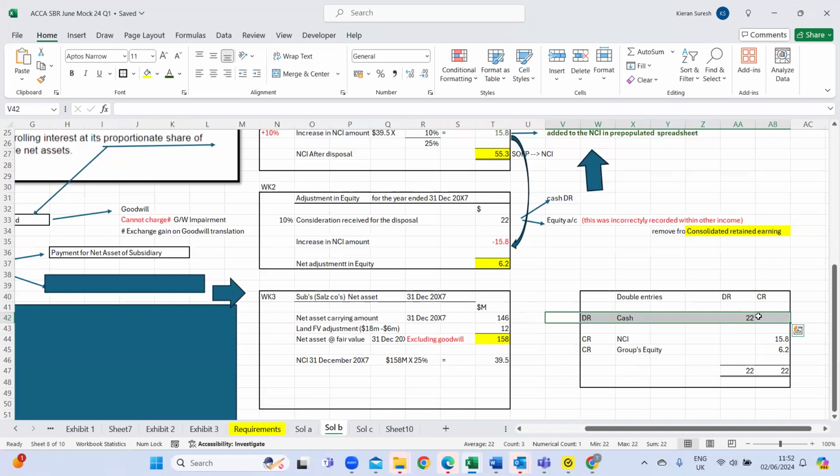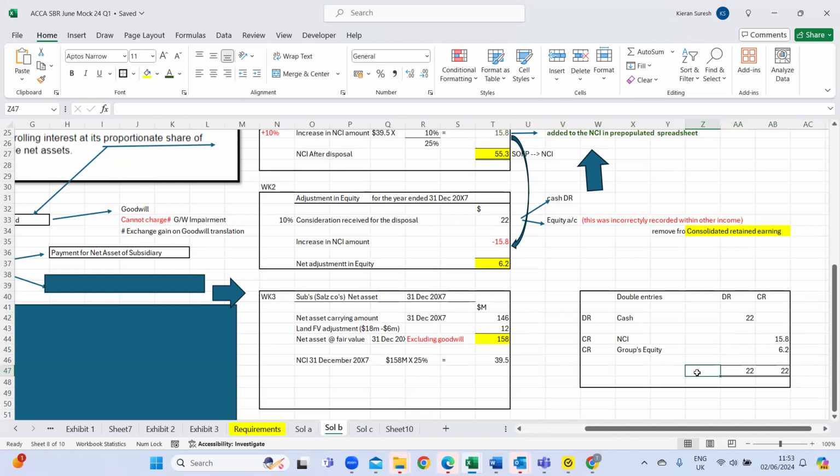So debit has to be cash, credit could be an equity account, because this is a transaction between the owners. Who are the owners? Parent and then the NCI. So debit is going to be cash, credit has to be the equity, changes in the equity.